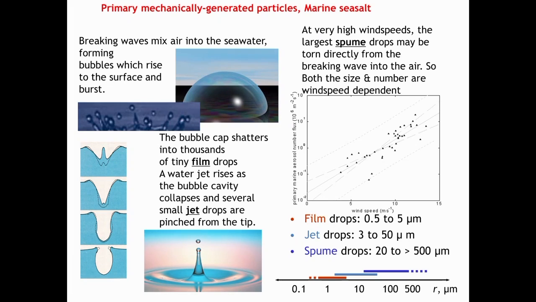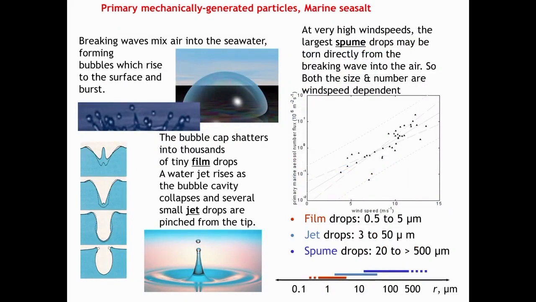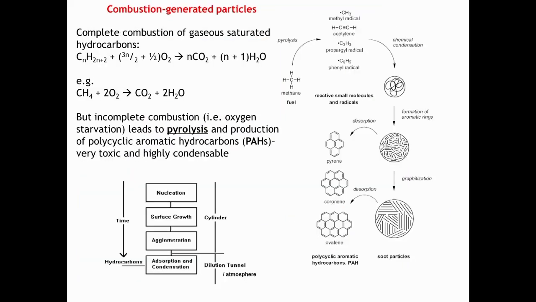So that's what they are. They'll be confidence levels. So we've got dust as a function of wind speed, sea spray as a function of wind speed. So they're primary components.